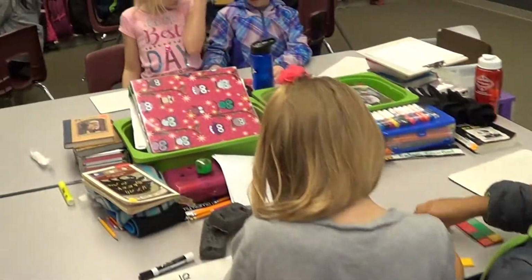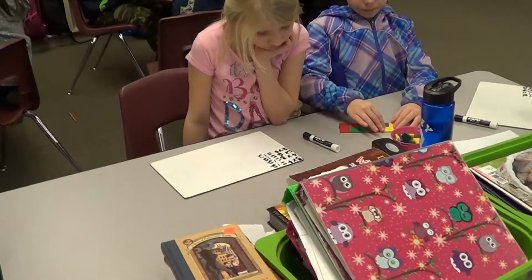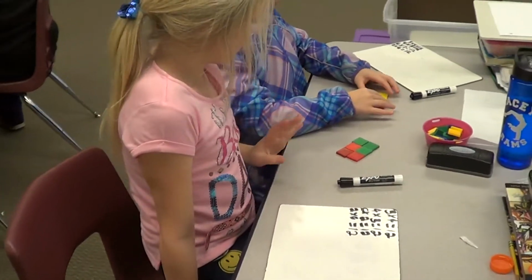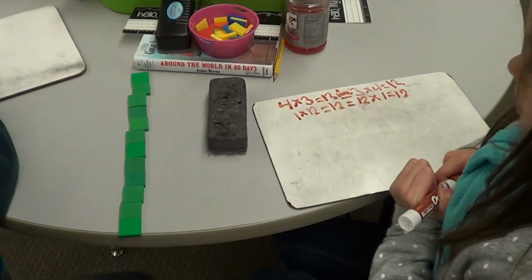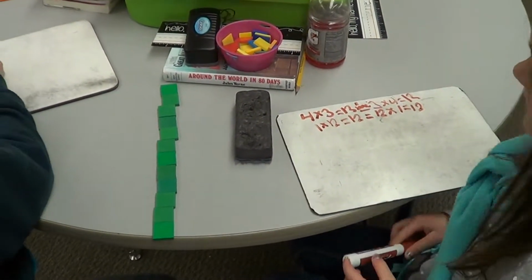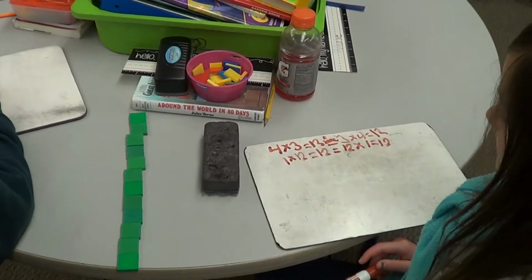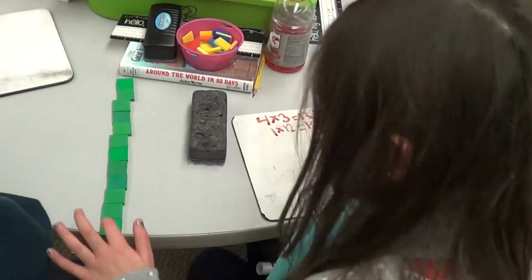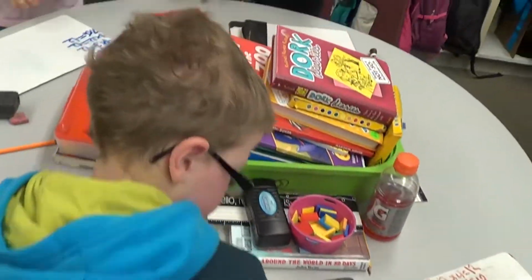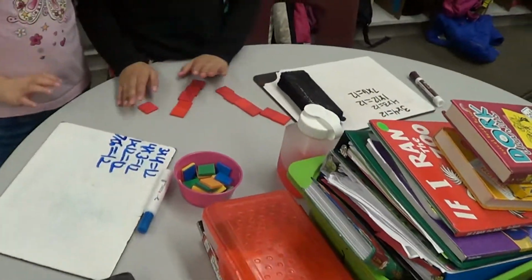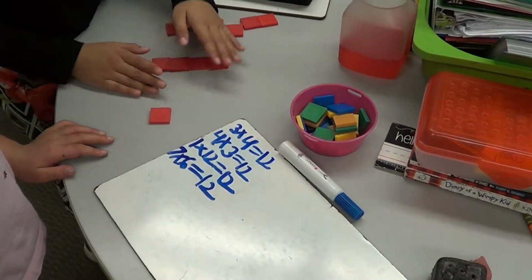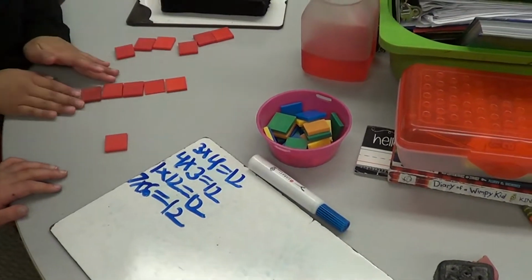Can we do it a different way? Equals 12. Your turn to make ideas. Alright. Okay, half that. Half of 12. This way.